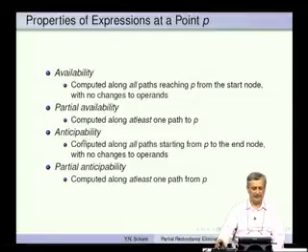Anticipability, we have studied this as well under very busy expressions, computed along all paths starting from P to the end node. So, that is, it is useful later on with no changes to operands, and partial anticipability would be computed along at least one path from P to the end of the flow graph.